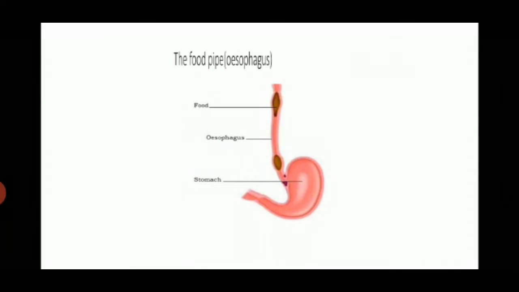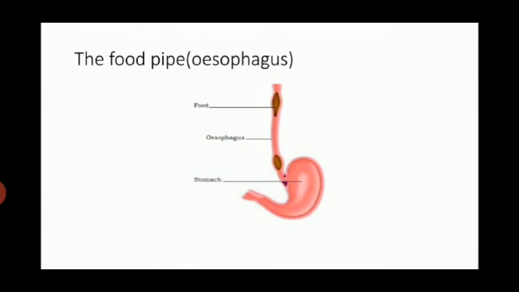So the next important part of the digestive system is the food pipe or the esophagus. The swallowed food, the food that we eat, we chew it in the mouth with the help of the teeth. We form a bolus of the food, and then that food will be passing from the mouth into the food pipe.